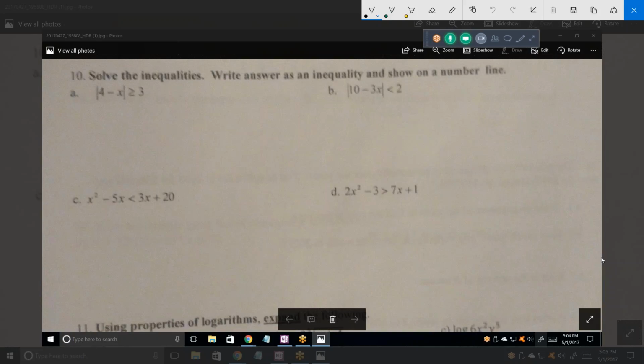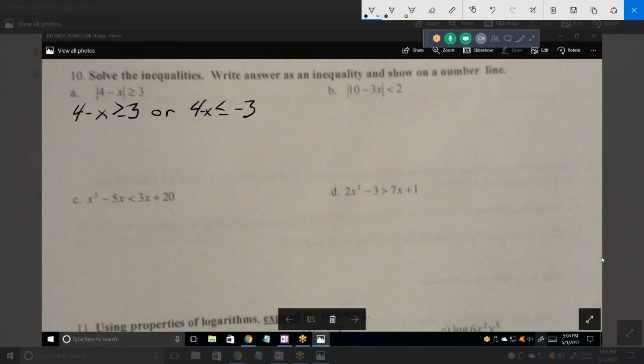You know what I'm saying? Okay, so what does this mean? 4 minus x is greater than or equal to 3, or 4 minus x is less than or equal to negative 3. And then it's just a simple matter to solve both of those.